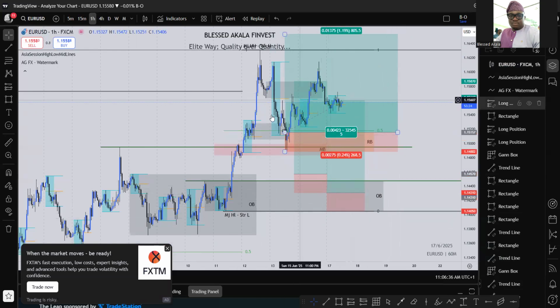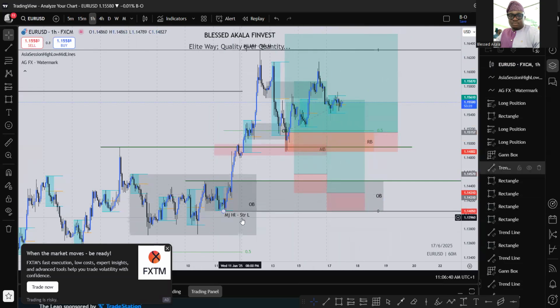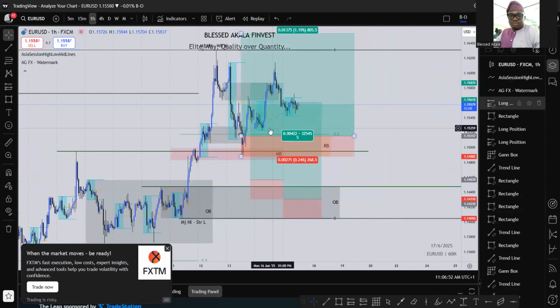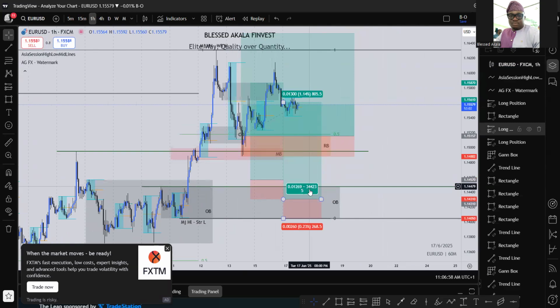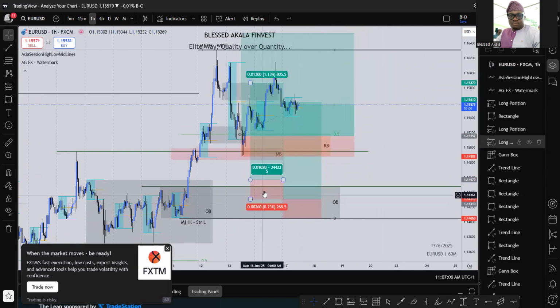If price does come, takes out all our trades, comes to this level and gives us some manipulation below this low or takes out this double low that we have here, then we can be anticipating some price into the highs. So what we're going to do basically is to go with these three trades, first one, second one, third one, set because of the high impact news that is coming.